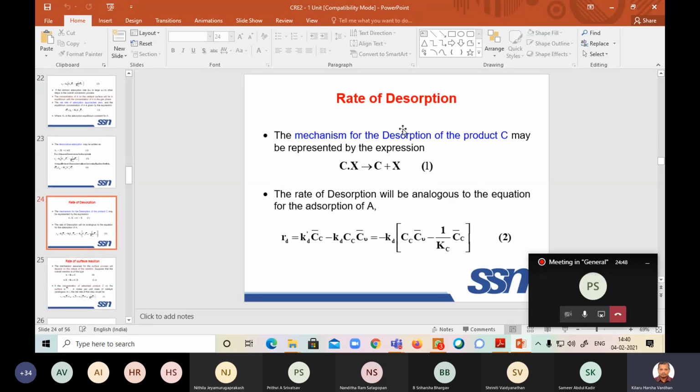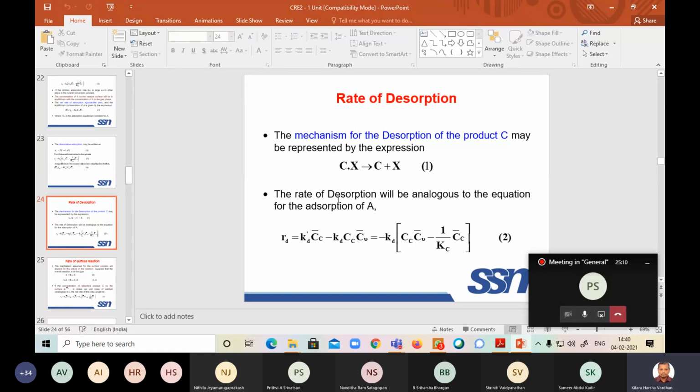Now the rate of desorption, in the sense C dot X, because you are having a product now. This product should be removed to come out as C plus X, right? The mechanism of the desorption of the product C may be represented like this.